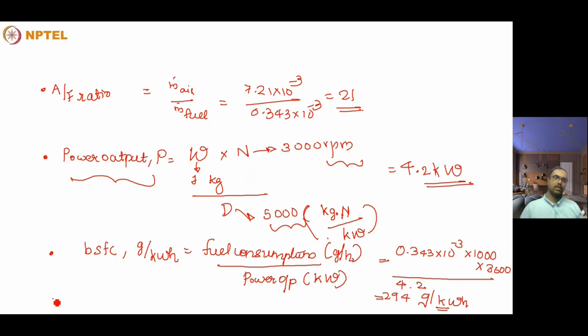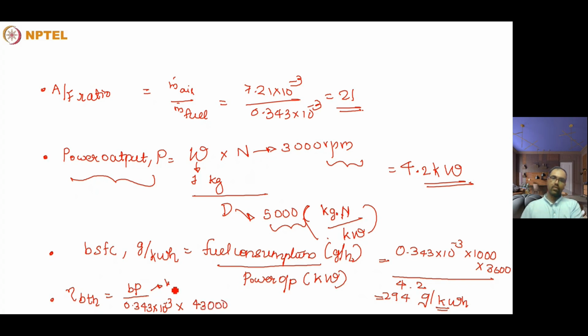So it should be eta, brake thermal efficiency, is equal to the brake power divided by the input calorific value multiplied by the mass flow rate of fuel. So mass flow rate of fuel will be 0.343 into 10 power minus 3 kilogram per second multiplied by the calorific value, which will be equal to 43 megajoules, 43,000.